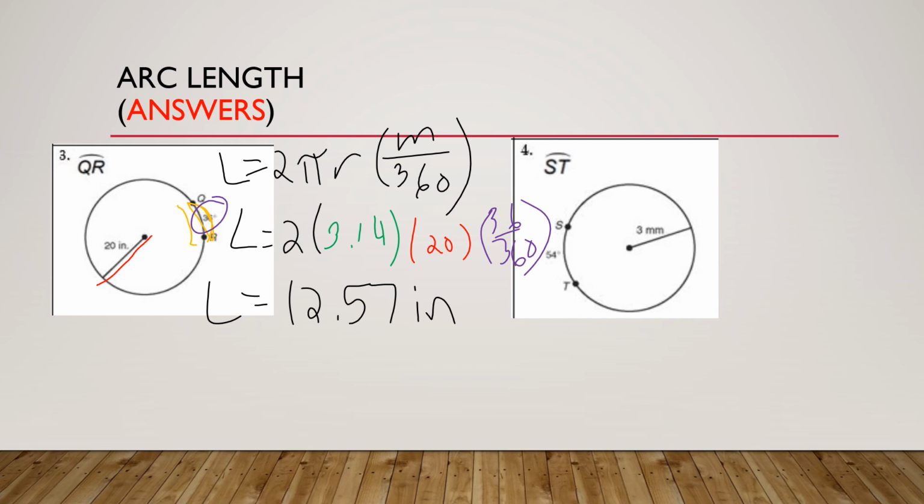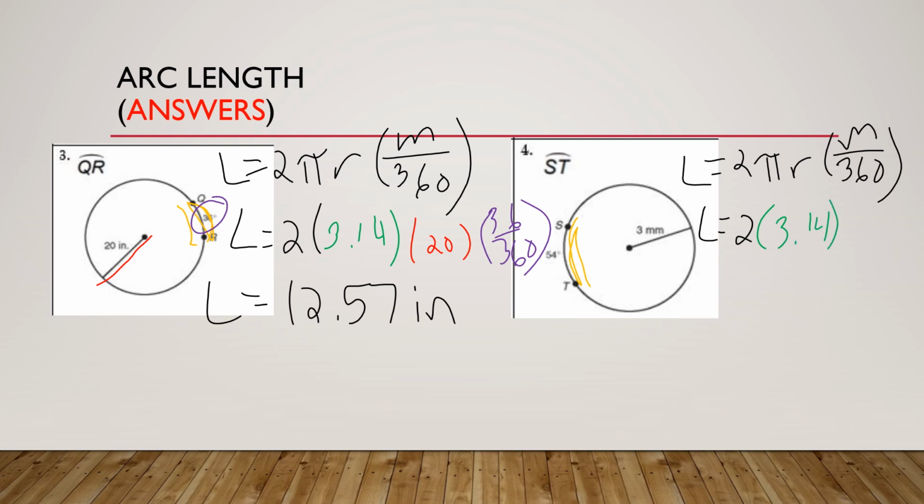Number 4, they're telling me the arc from S to T. So I'd start with my formula for arc length. That's equal to 2 pi r times the measurement of the arc divided by 360. Let's substitute in our values. We have 2 pi 3.14.